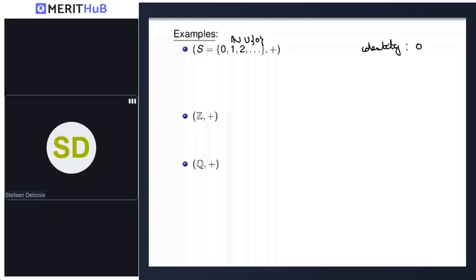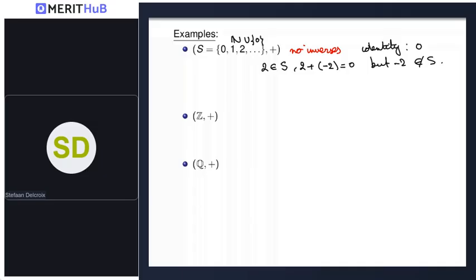The answer is no. Can you give me an example, Carrie? -1 or -2. Any element like 2 is an element in S. There is something that when I add it to 2, I get 0. It's -2. But -2 is not an element in S. So we have no inverses. They're not back in our set. That's why we're not going to talk about the natural numbers anymore. Under addition, they don't even have inverses.